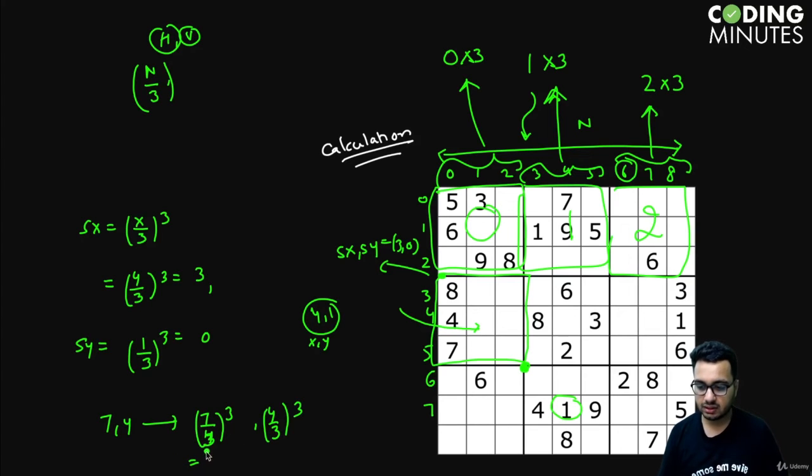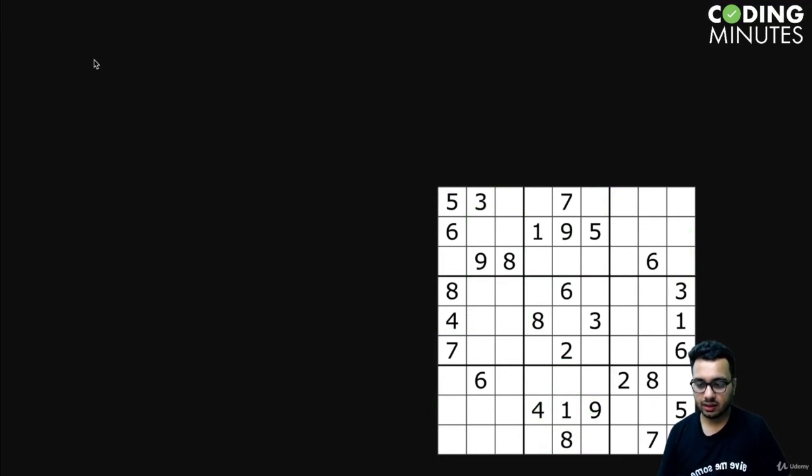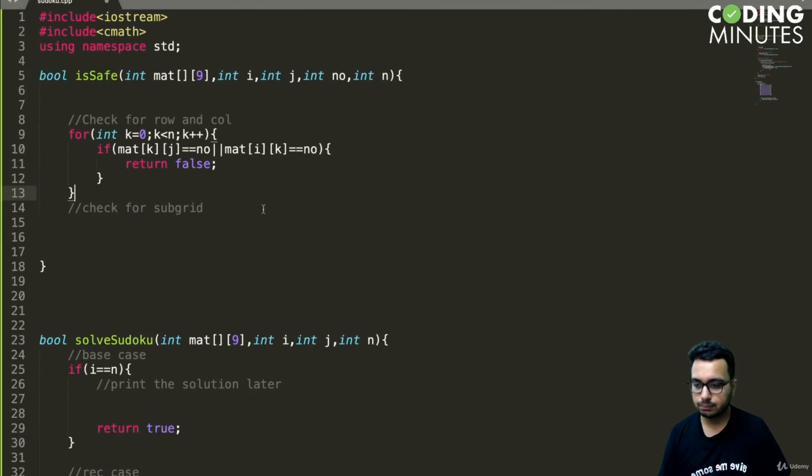So 7 by 3 is 2, into 3 is 6, and 4 by 3 is 1, into 3 is 3. So you can see this point is actually 6 comma 3. So this formula really works. Once you know the starting point of the subgrid, you can iterate in a square of 3 by 3 from that starting point. Let us see this logic in the code.